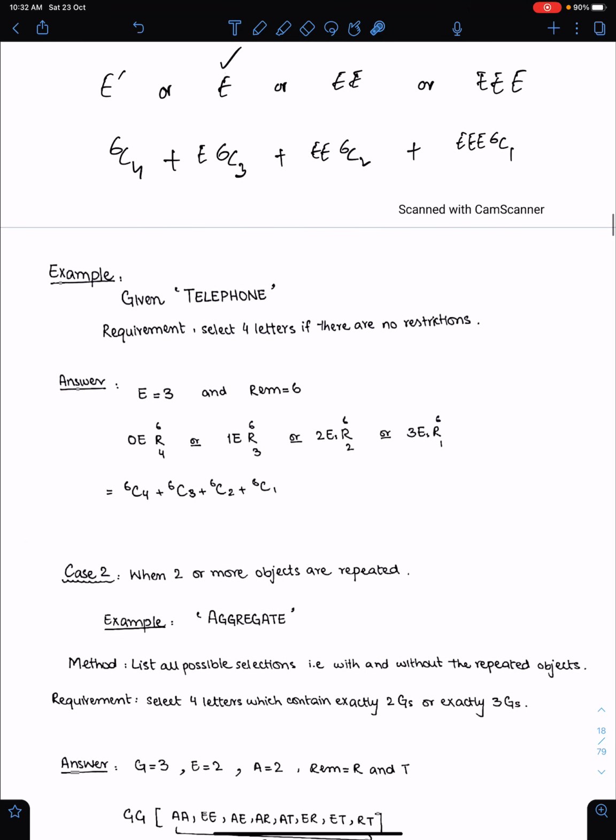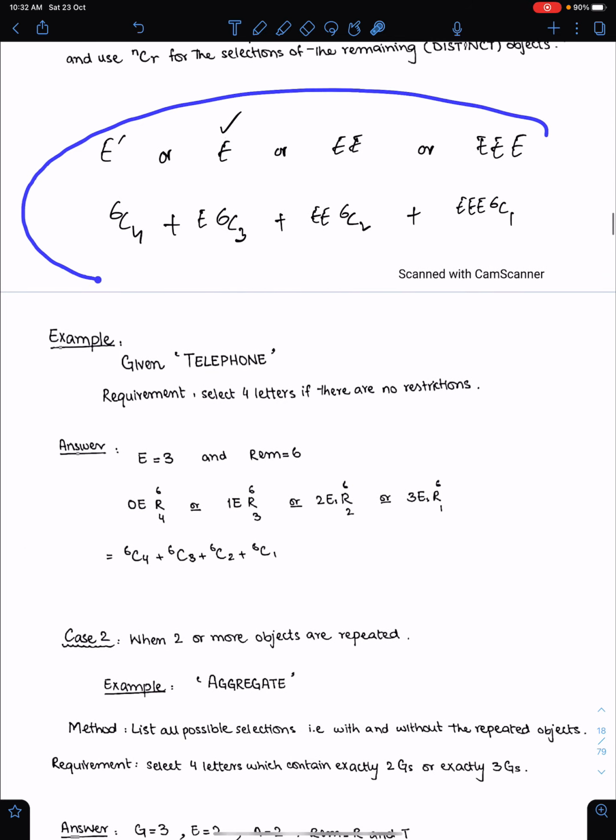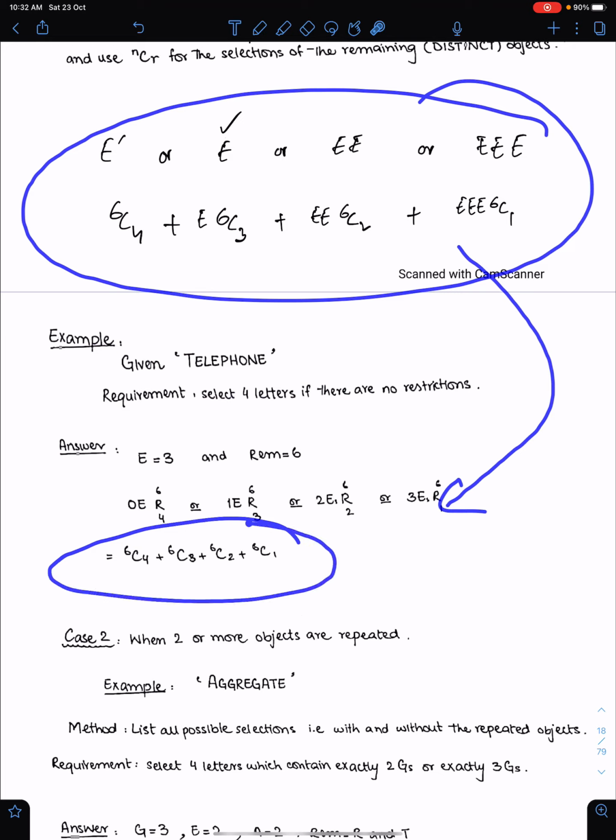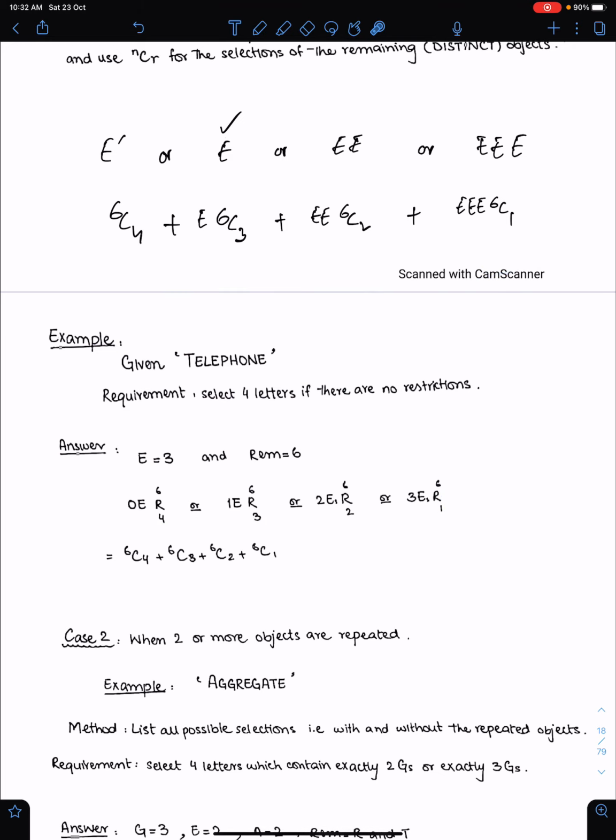See, selections with no E, with 1 E, with 2 E's, with 3 E's. So when one object or one letter is repeated, you can do the question in this way.